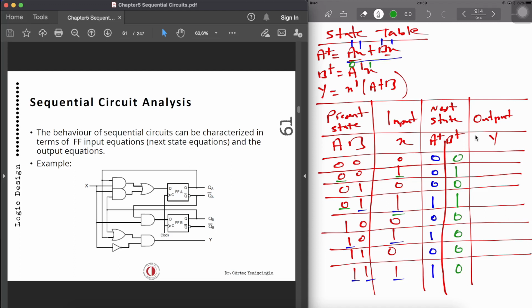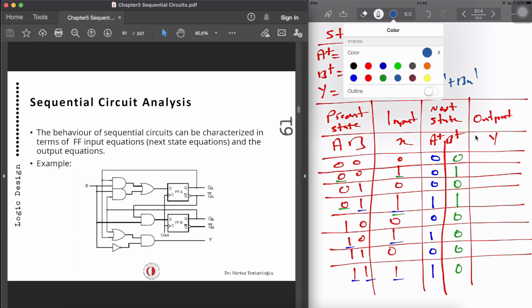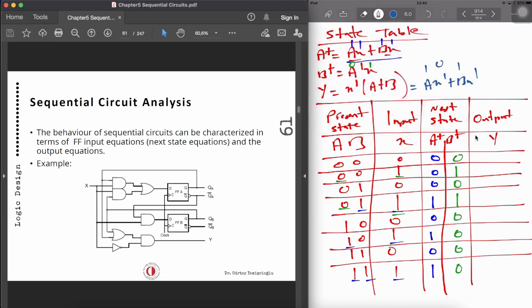And Y is what? This is A X prime, or B X prime, which means that when A is 1 and X is 0, this is 1, and when B is 1 and X is 0, this is also 1, which is already covered.